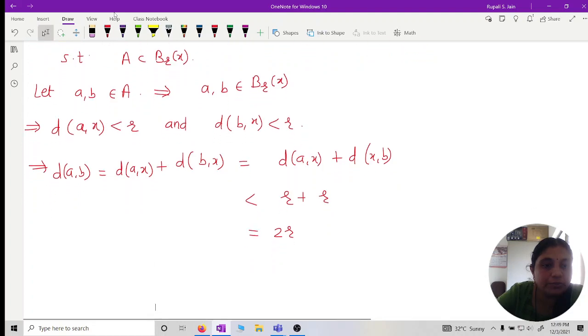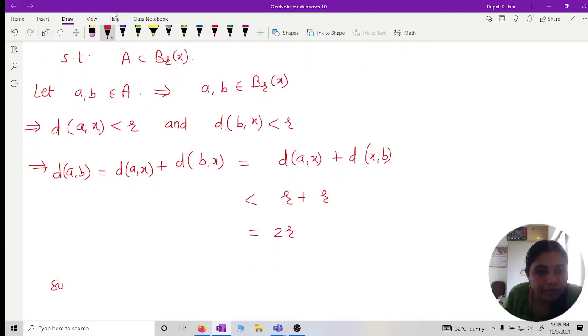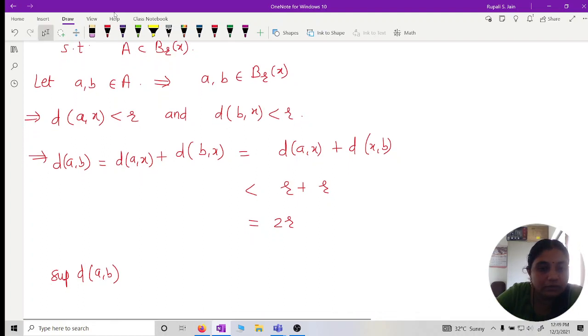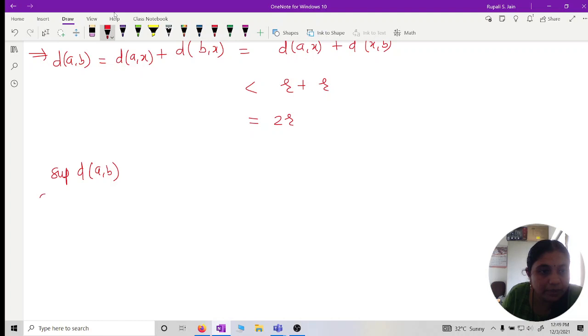If I take the supremum over all elements a, b of A, the distance of ab is less than or equal to 2 times r. So the diameter of A must be finite, right?